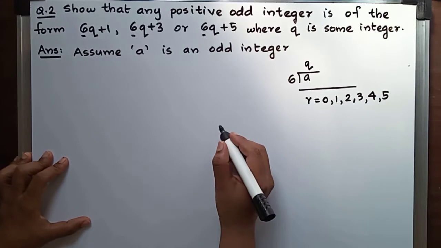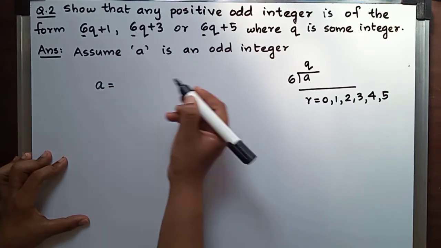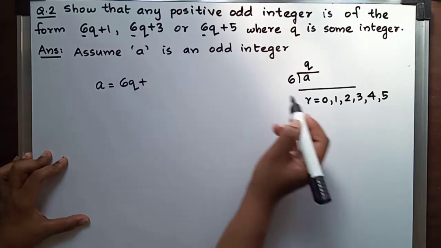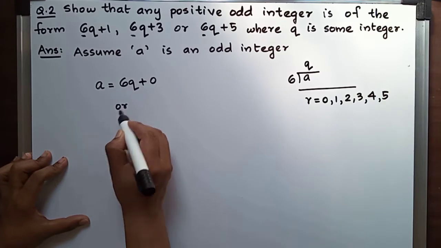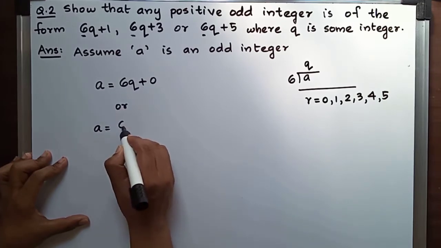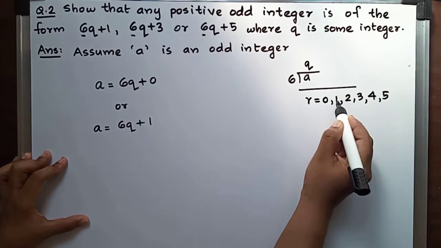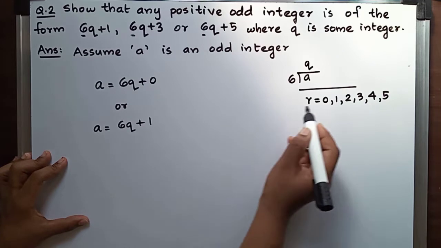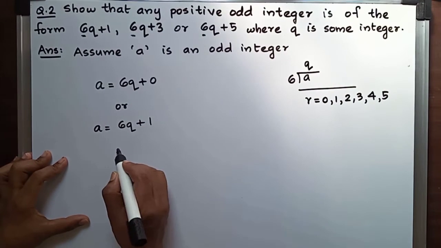Okay? And we can now represent A as 6q plus 0. Or A can be represented as 6q plus 1. See? When remainder is 1, we can represent it as 6q plus 1. When remainder is 0, we can represent it as 6q plus 0.